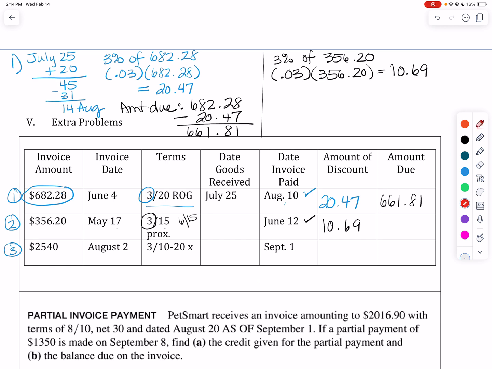And then the amount due is $356.20 minus $10.69, which comes out to be $345.51.